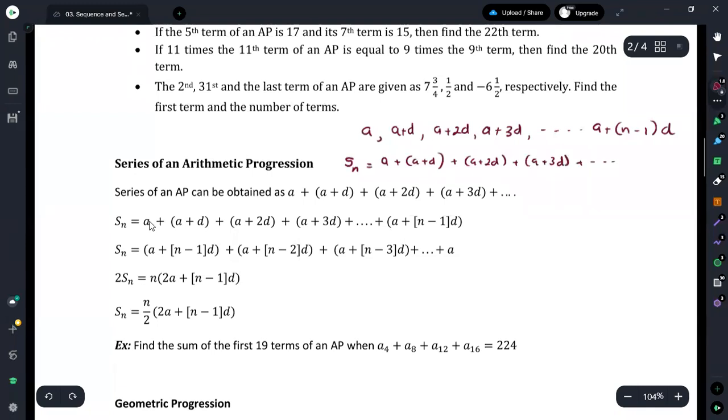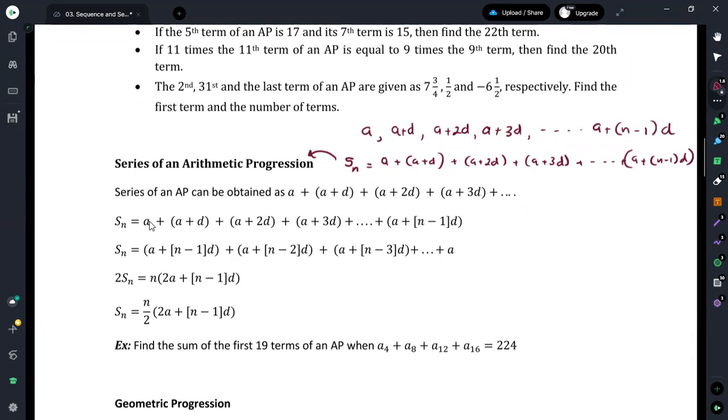Likewise, we can add up to a plus n minus 1 times d. This is what we define as the series of an arithmetic progression. Simply, we take the summation of the terms of a sequence.